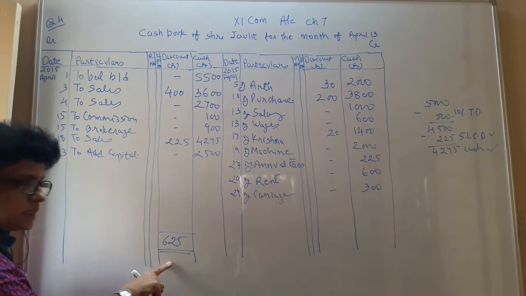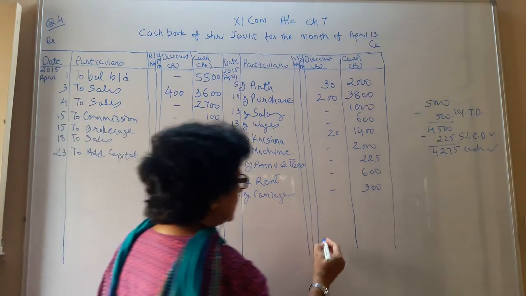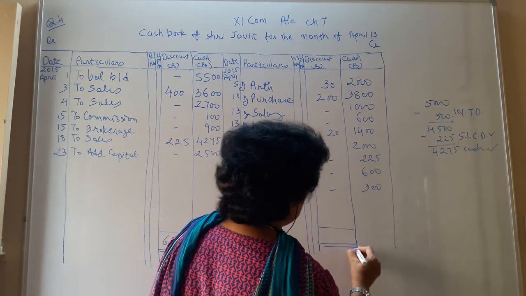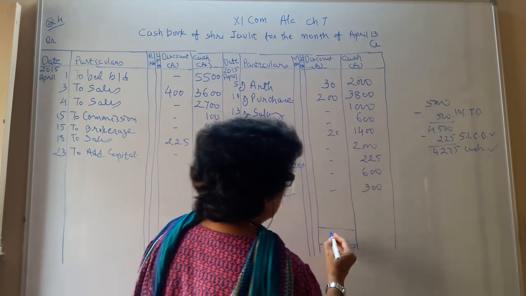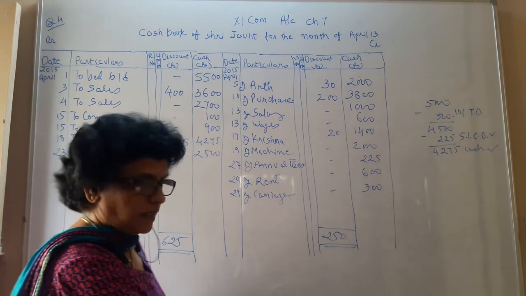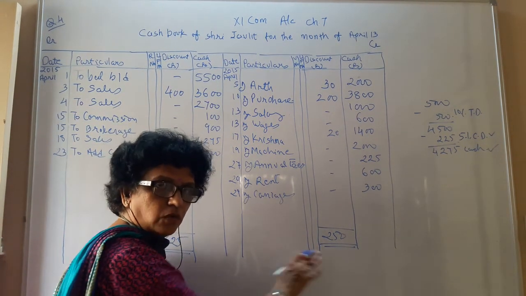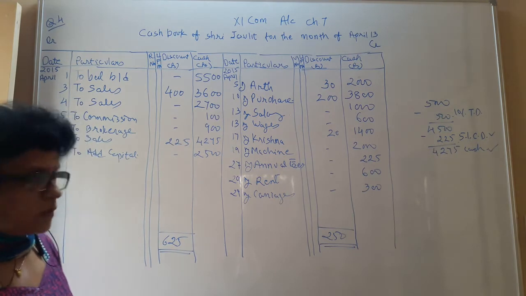This is the discount you have given, which is one concept. And second, the discount received, that is 250. This is something different. So both discounts we write separately; don't find the balance of the discount column.